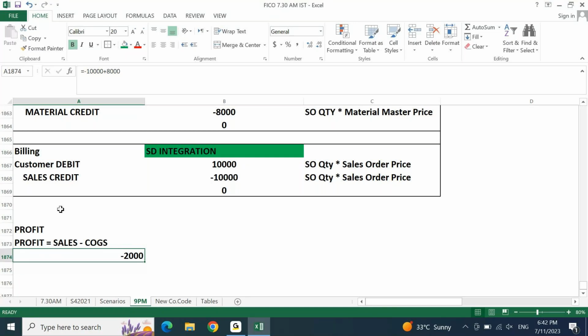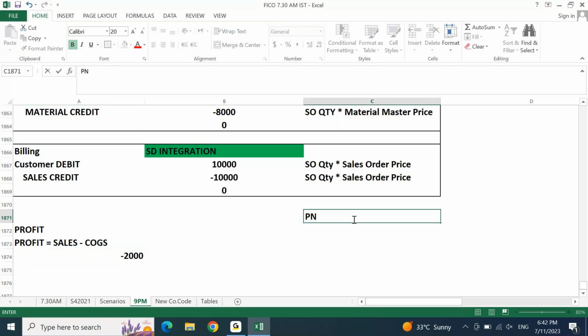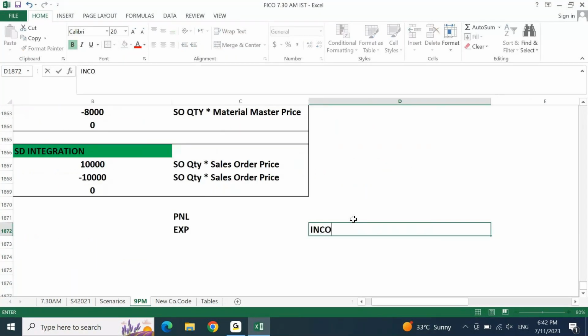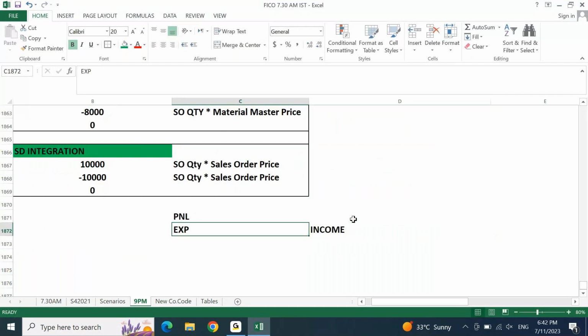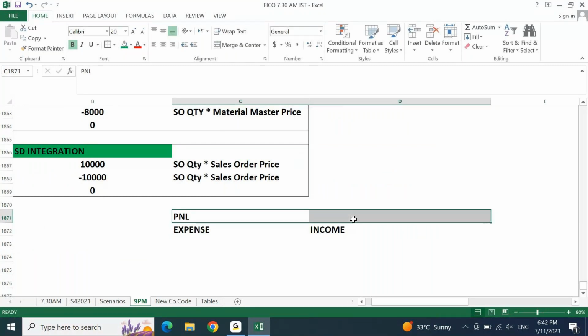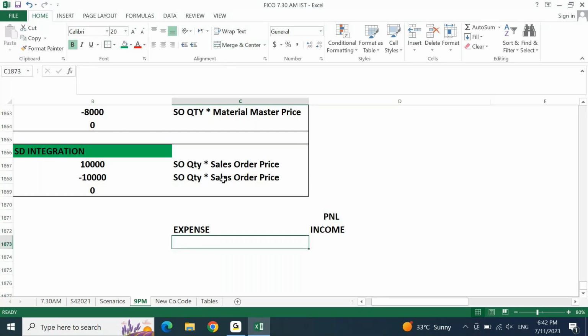If I put the same thing in the P&L format, on the debit side let me take expense, on the credit side let me take income. On the expense side I will take COGS, which is 8,000.